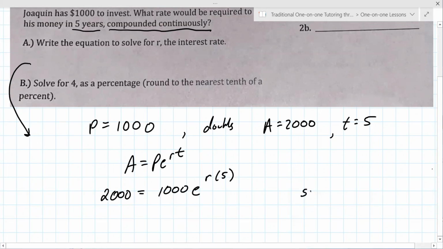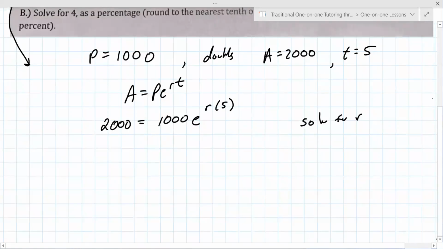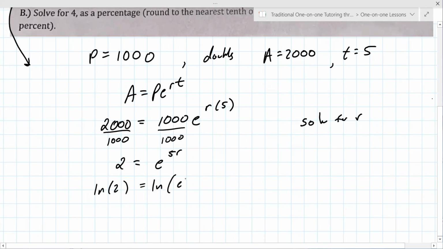Our goal here is to solve for r, and that's what they're asking for in part A. So to solve for r, you divide both sides by 1,000. So you get 2 on the left equals e to the 5r. You undo e with natural log. On the left, it's the natural log of 2. On the right, the exponent comes out in front.